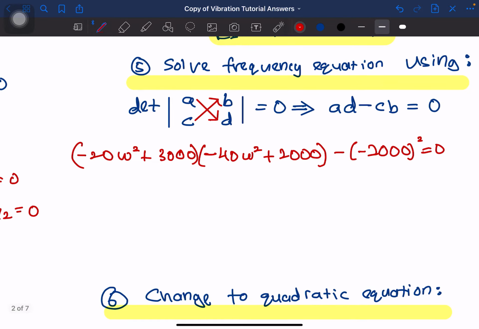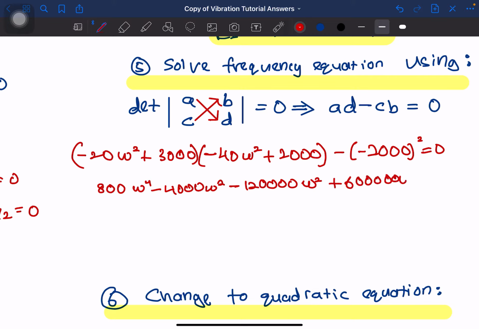Now further solve this, expand these two brackets here. So you'll get 800 omega to the power of 4 minus 4000 omega squared minus 120,000 omega squared plus 6 million. Minus 4000. There's not enough space over here, so I'm going to do it on the second row. Minus 4 million equals 0.